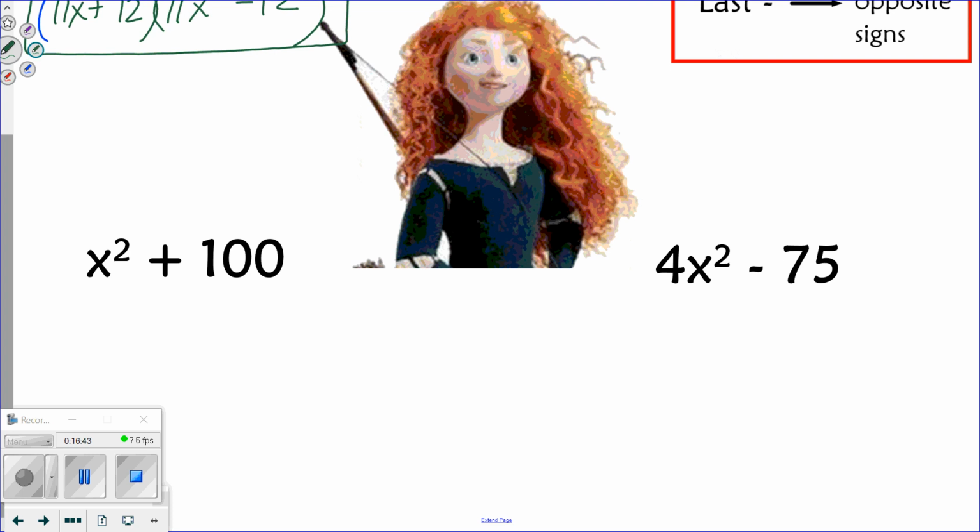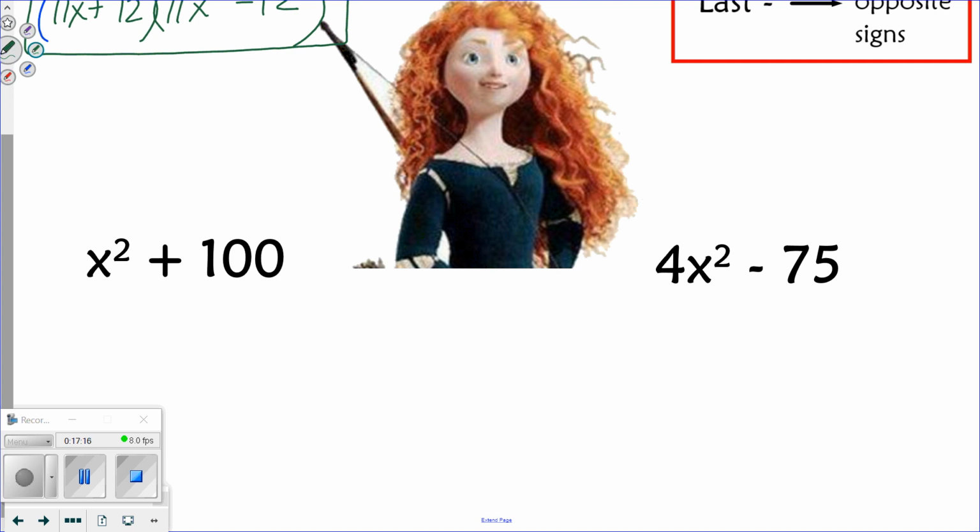All right. How about x squared plus 100? Is there a GCF? No? How's that one factor? I heard x plus 10, x minus 10, and I heard it can't. Ben? It's 10 for 100 and then x.